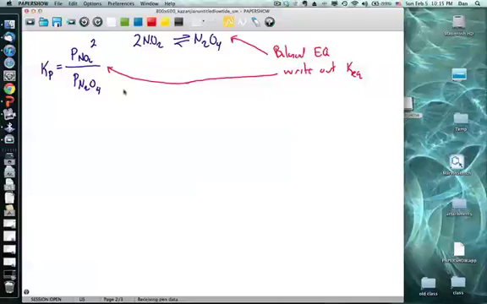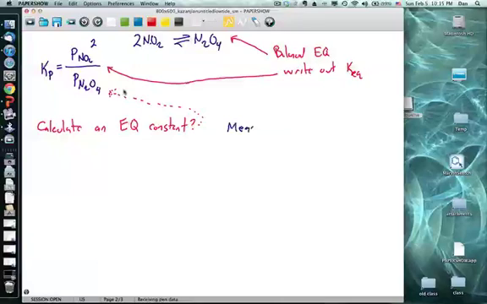So let's take a look at a real world example. This is how to calculate an equilibrium constant. How do we do that? Well, we already have a clue. The equilibrium constant has to be calculated from equilibrium concentrations.